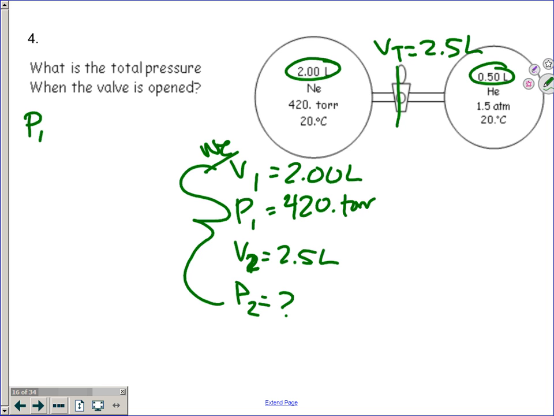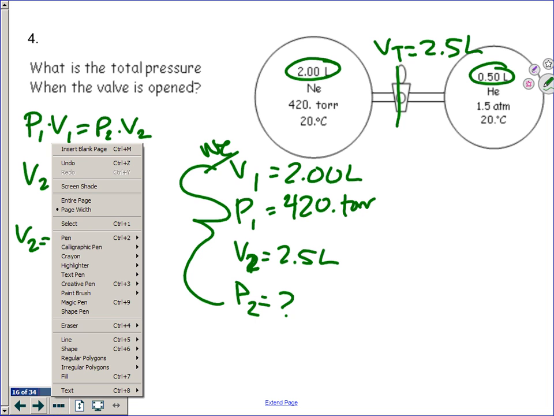Well, hold on, P1 times V1 equals P2 times V2, so I need to solve for which variable? V2, so V2 is equal to what rearranged equation? P1 times V1 over P2, so you guys can do algebra and rearrange.